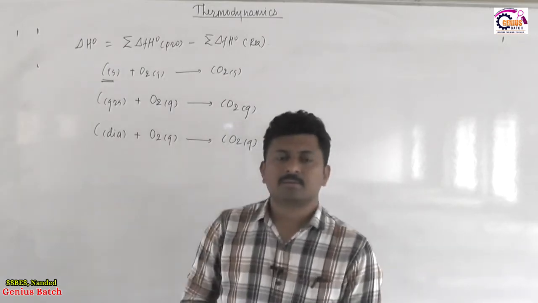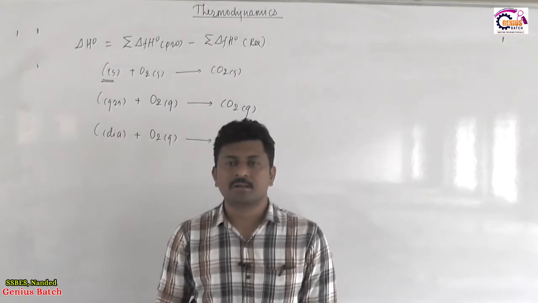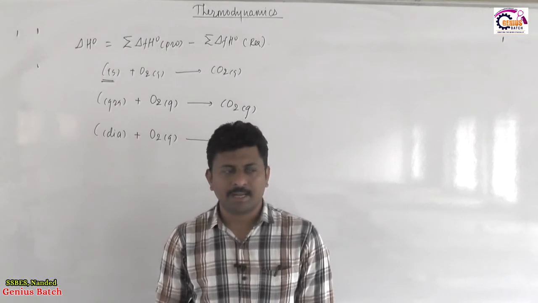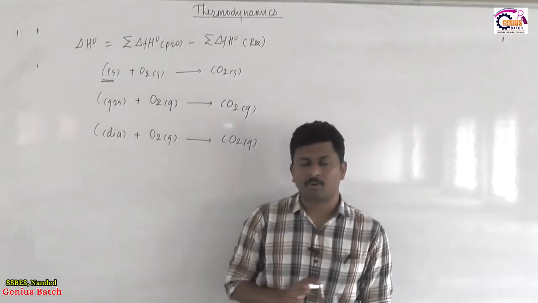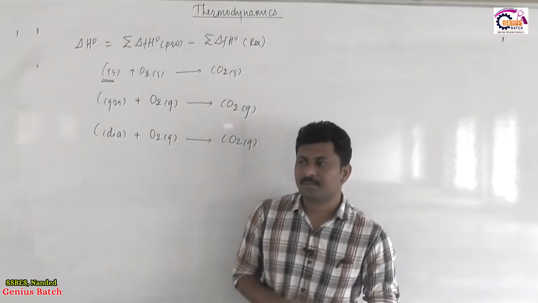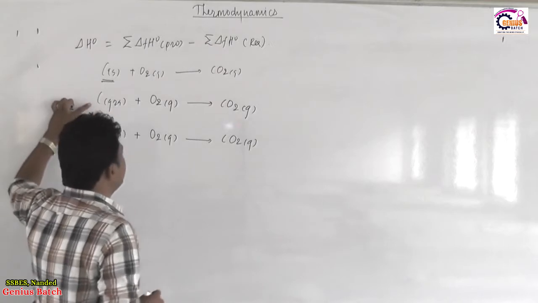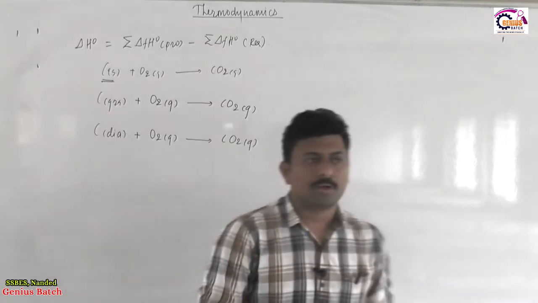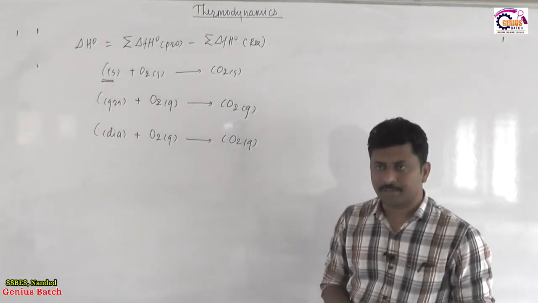Okay. So here we need to be clear that when an element exists in several allotropic forms, one allotropic form of that element is considered the thermodynamically standard form. A very common element is carbon, which we have studied here. It exists in various forms like charcoal, coke, diamond, graphite and fullerene.